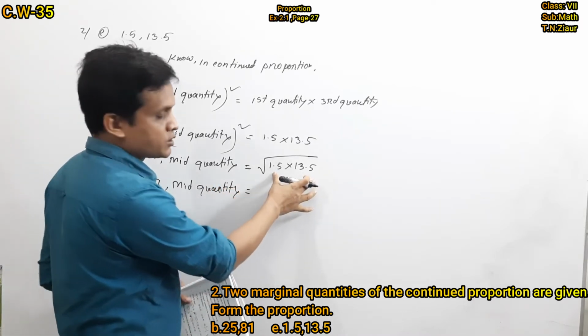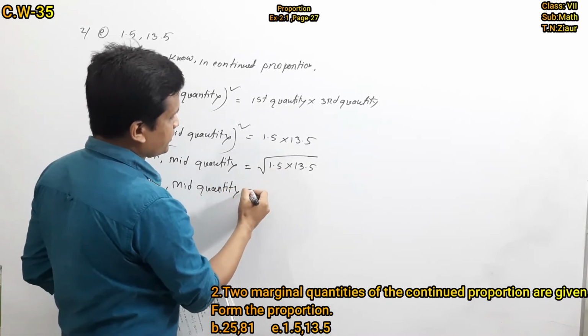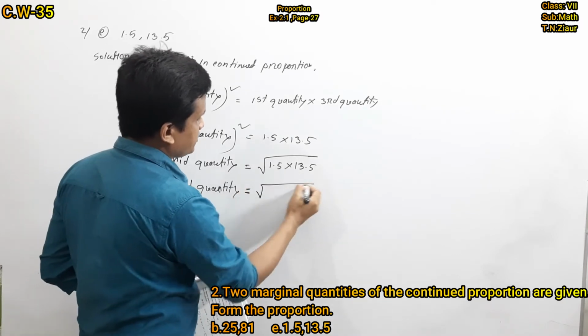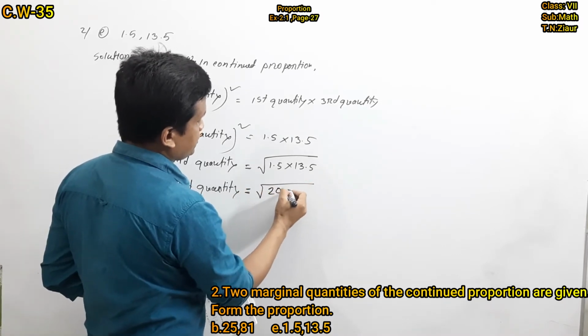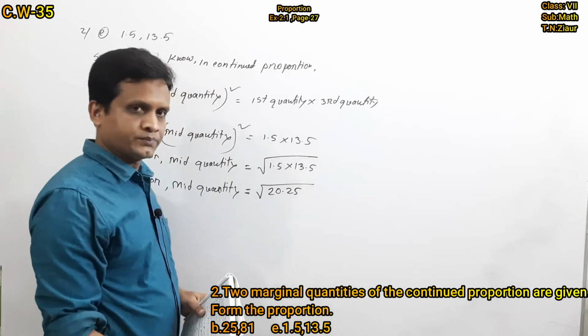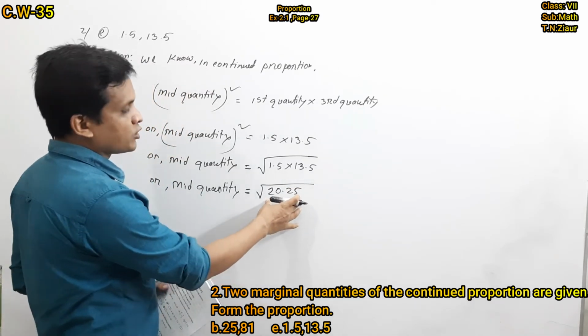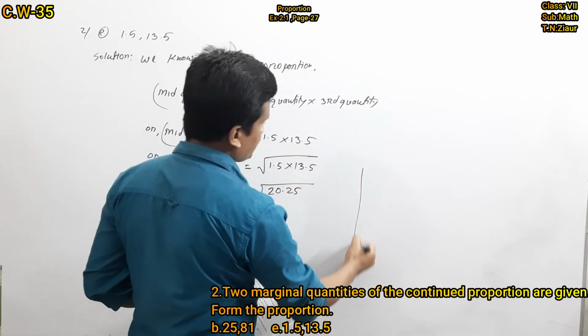Just multiply this one. So after multiplying, what will you get? It will be 20.25. Okay, so now we have to find the square root of 20.25. What will be the square root of 20.25?